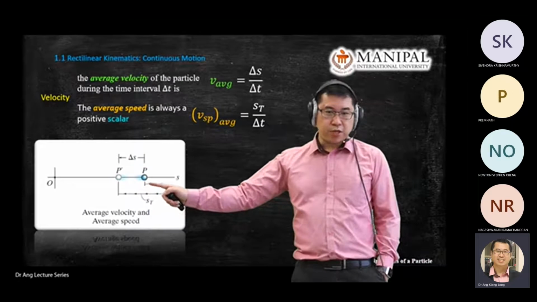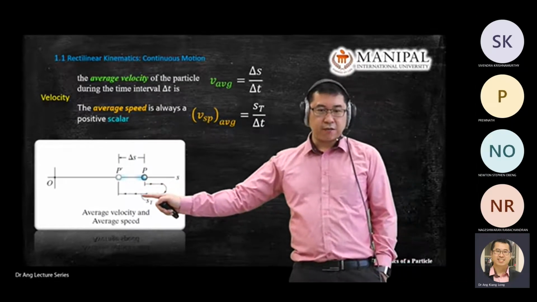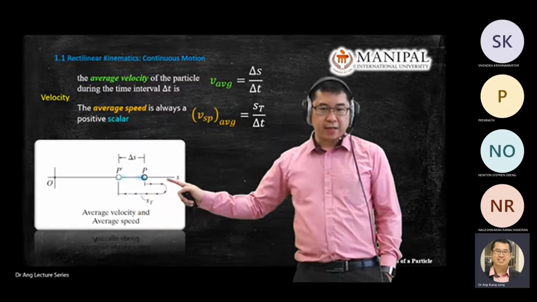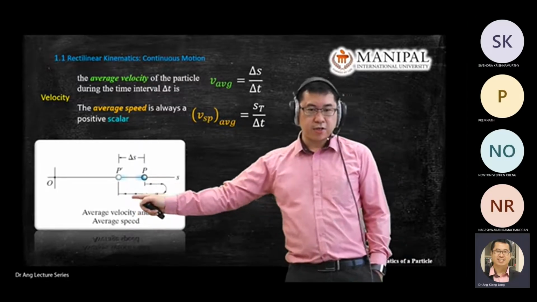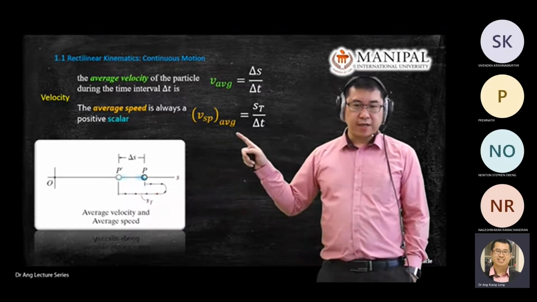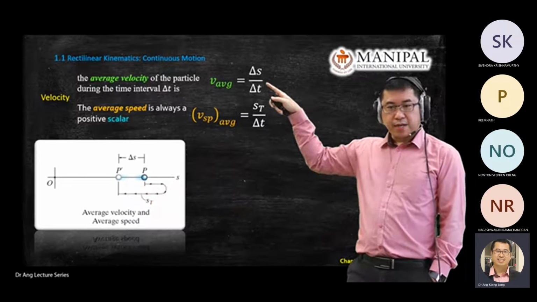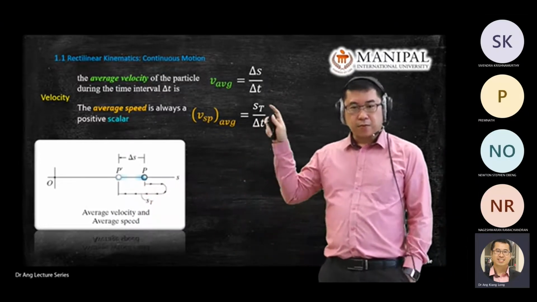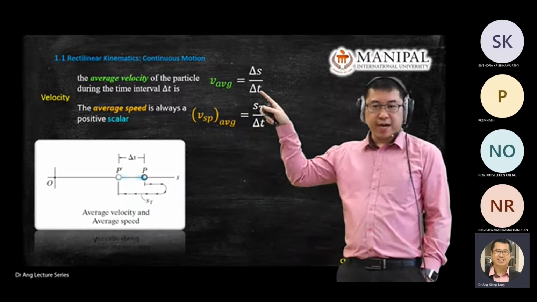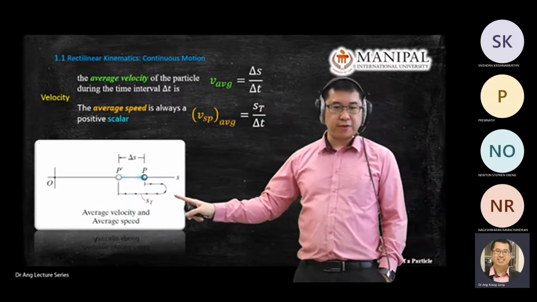You need to measure from this point, along this curve, to the end. This is the distance traveled by the particle to find the average speed. Any questions by looking at these two equations and this diagram? By looking at this diagram, you know that the answers for average velocity and average speed will be different.